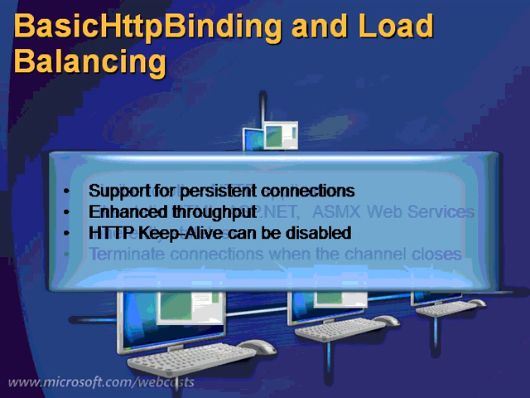Support for persistent connections is enabled in the configuration. By default, the basic HTTP binding sends a connection HTTP header with the messages saying that we want the keep-alive value set up to enable the clients to establish persistent connections to the services that are out there supporting it.